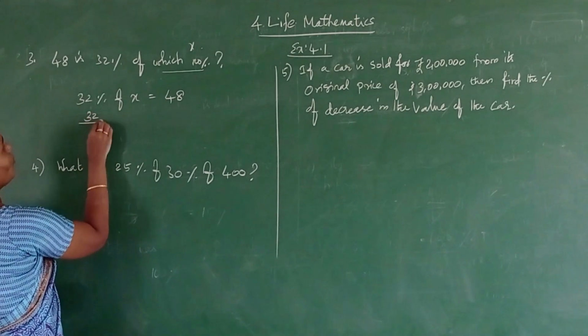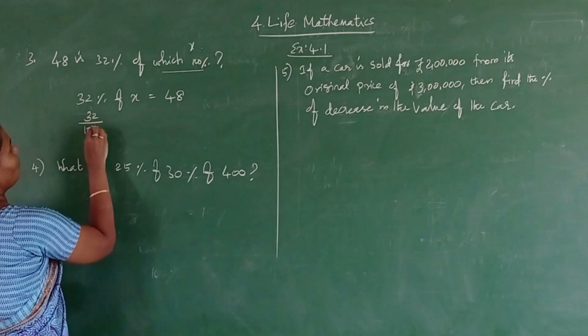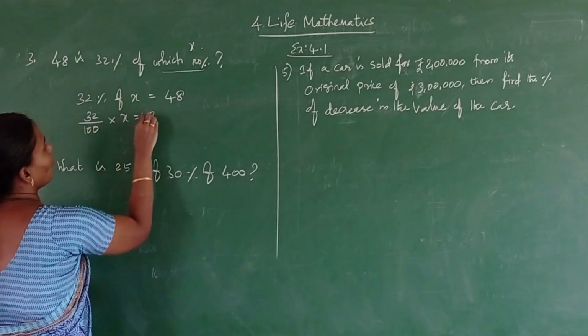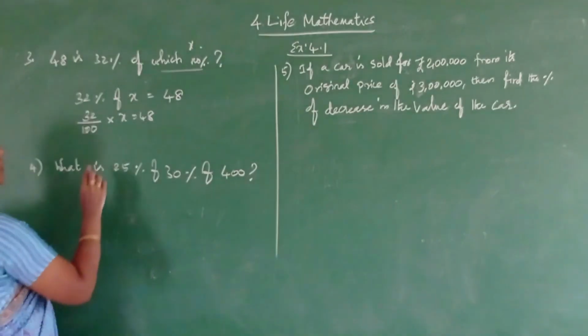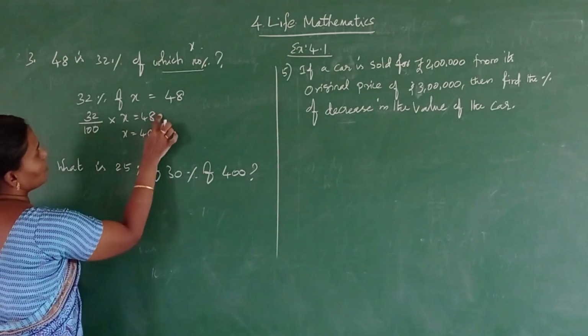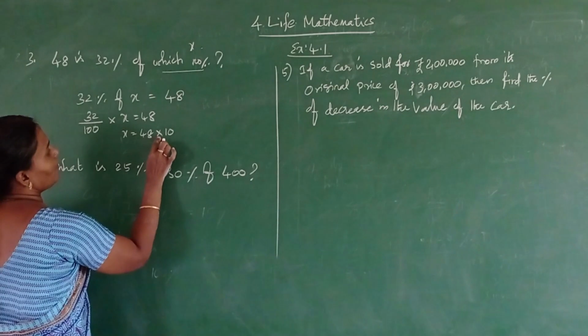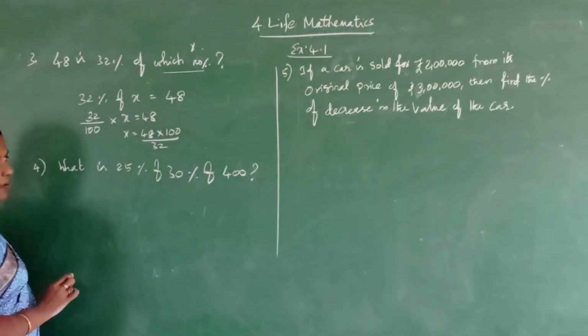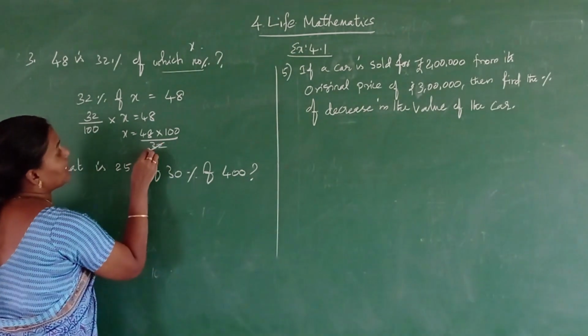So 32 percentage means you have to write 32 by 100, of means multiply, x. This is equal to 48. Okay, now x is equal to 48 multiplied by 100 by 32, as the 100 comes to the right side. Now we are cancelling with the 8th table.